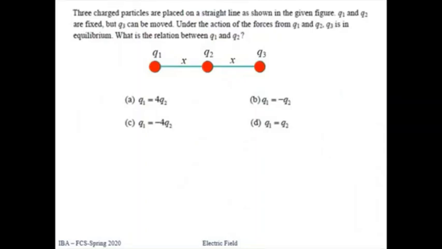Another quiz. Three charged particles are placed on a straight line as shown in the figure. Q1 and Q2 are fixed, but Q3 can move either left or right. Under the action of the forces from Q1 and Q2, Q3 is in equilibrium. What is the relation between Q1 and Q2? Now let's find the distance from Q1 to Q3, which is x plus x, equal to 2x.